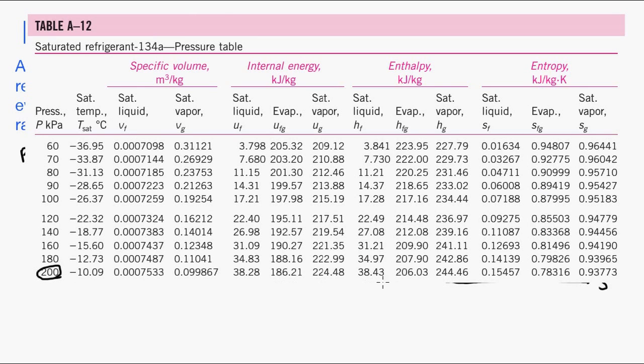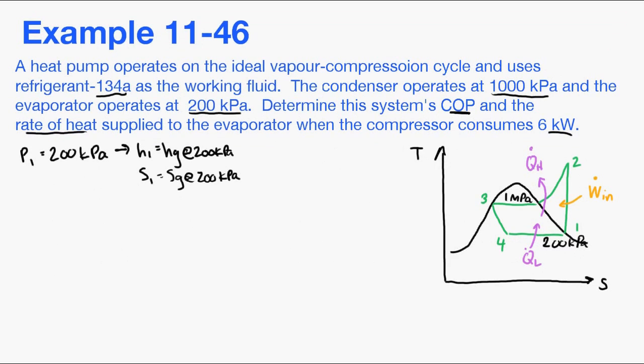We'll find 200 kPa, and we'll find hg and sg, and we'll write them down here on our solution. And the entropy is 0.9377 kilojoules per kilogram Kelvin.